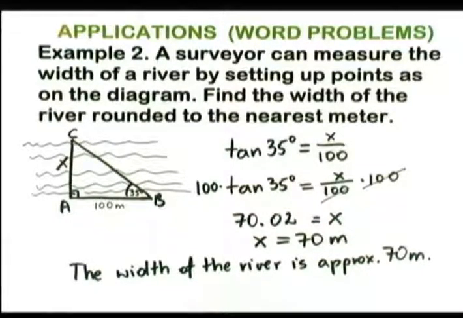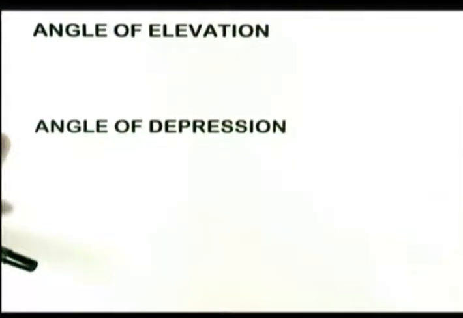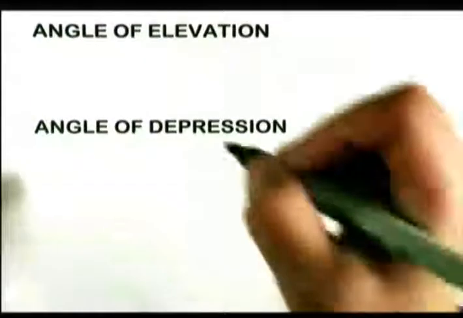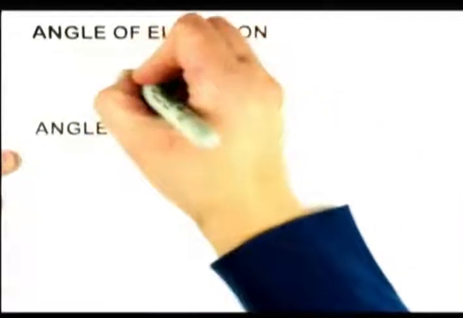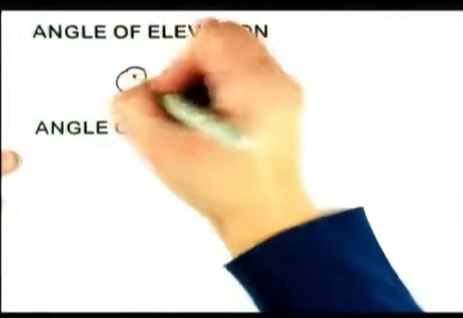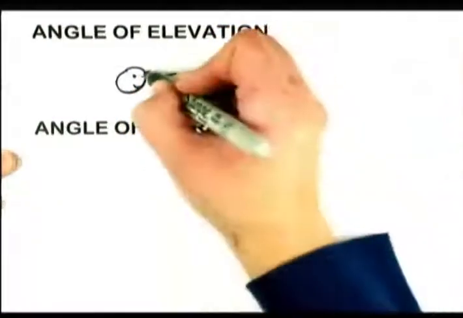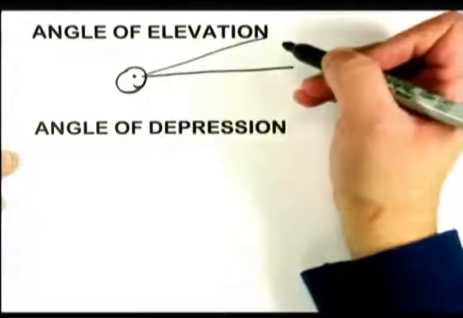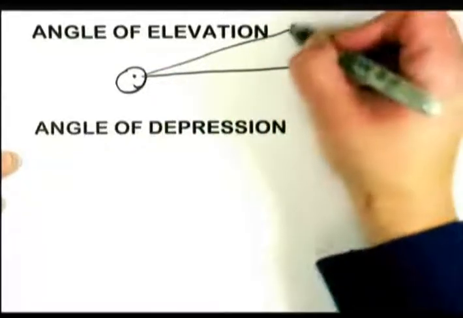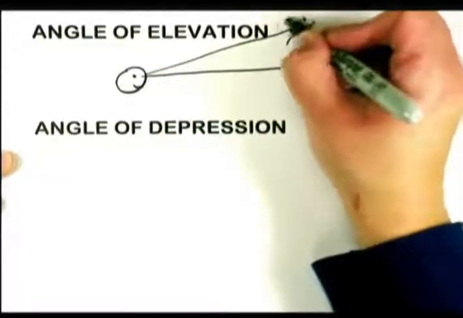Before we get to the next example, we would like to specify angle of elevation and angle of depression. So if I have my eye right here, going straight from my eye, going up, this is nothing else. I can see the sun or anything else.